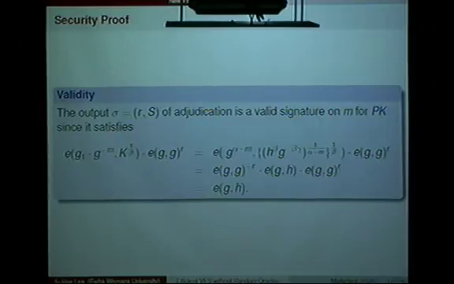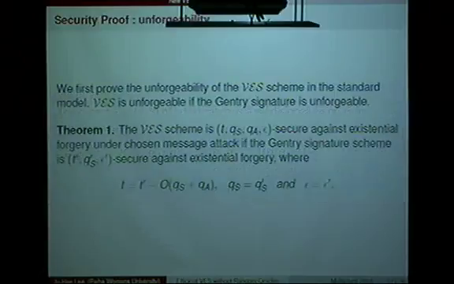We check one equation, and then we prove that if there is a forger for the VES, then we can make a forger against the Gentry signature.